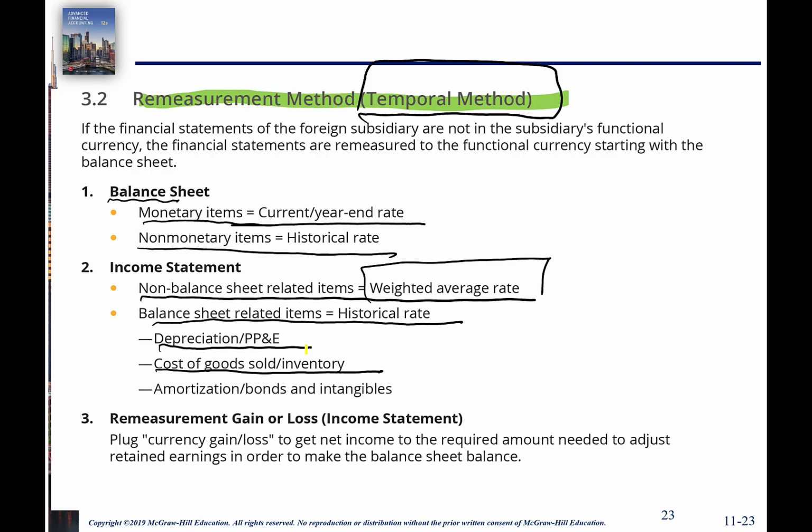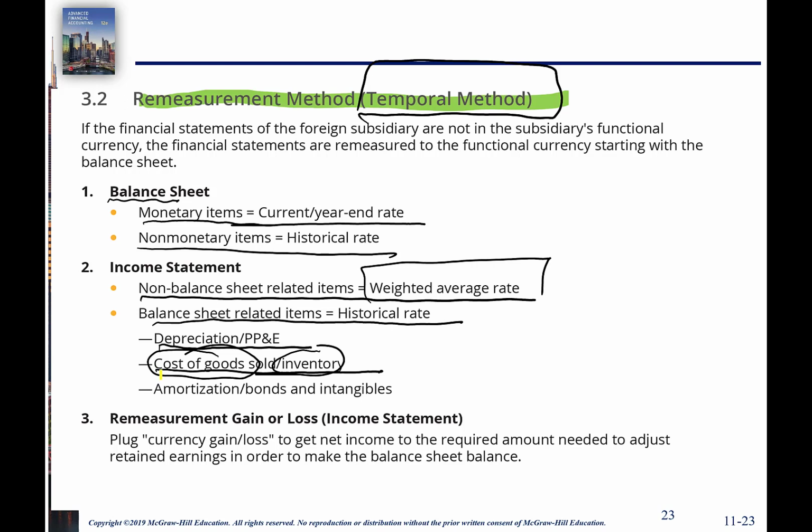Now, I'm going to show you that there could be a situation in which we would have to use the average for our cost of goods sold, for our inventory, and that's if they tell us that the inventory was acquired evenly throughout the year, then we would switch over to weighted average. And you have to read the question, okay?